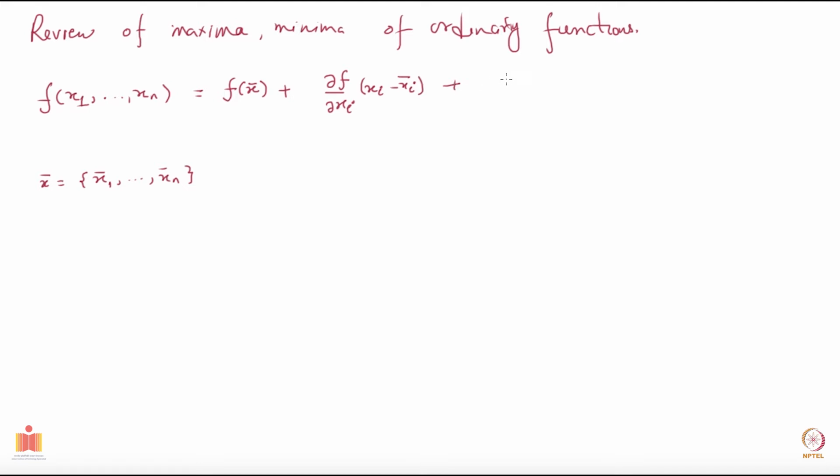Then you get second order terms, del 2 f over del xi del xj, times xi minus xi bar, and then xj minus xj bar, plus higher order terms.